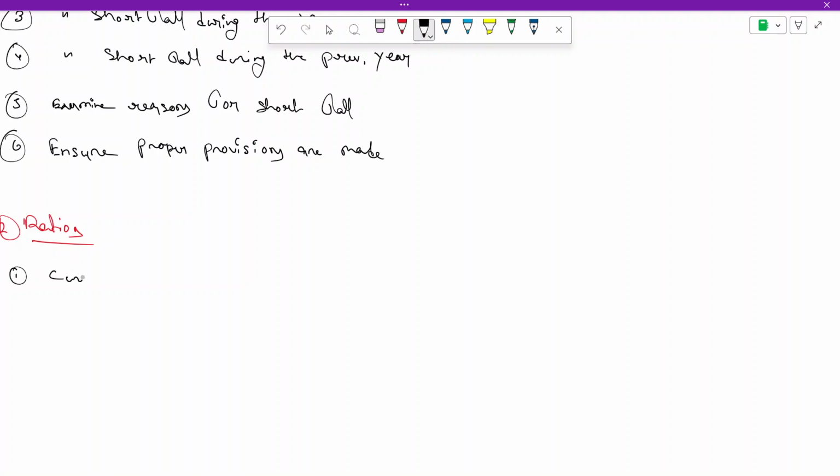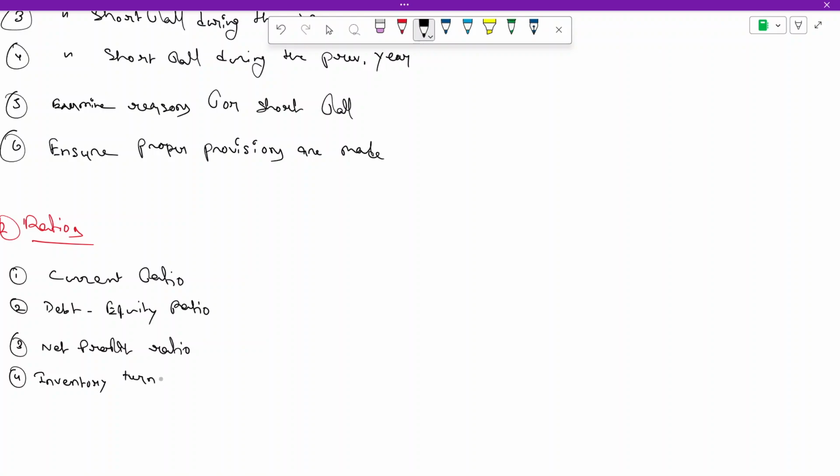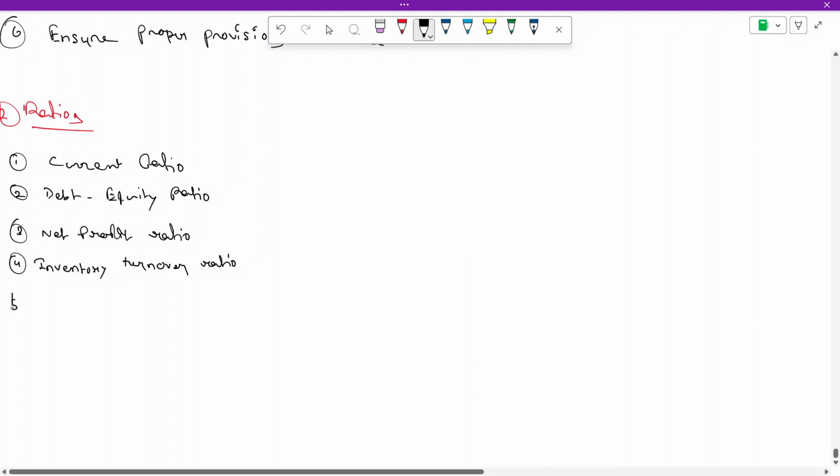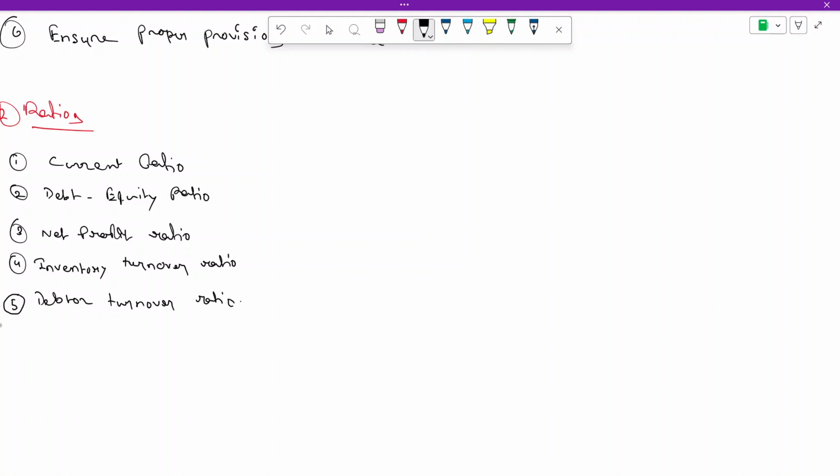First of all will be current ratio, debt to equity ratio, net profit ratio, inventory turnover ratio, debtors turnover ratio.